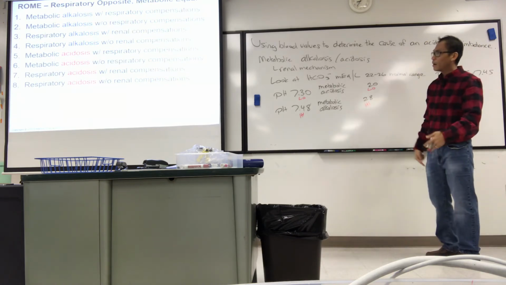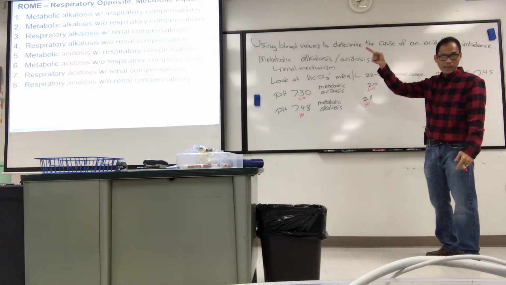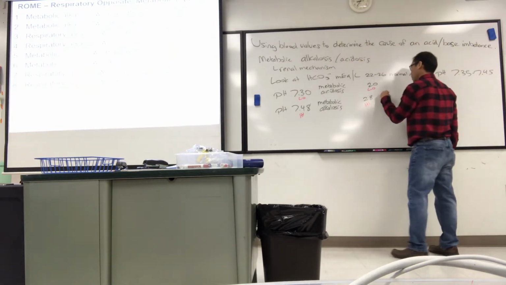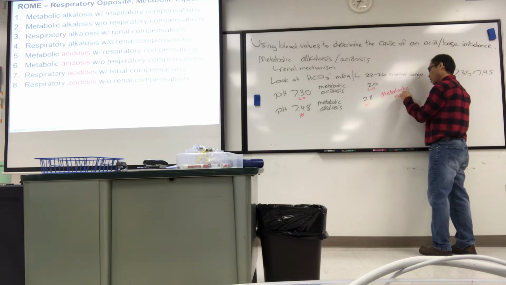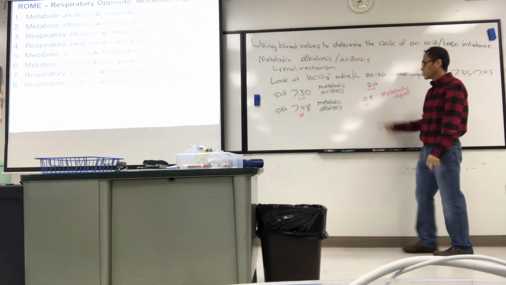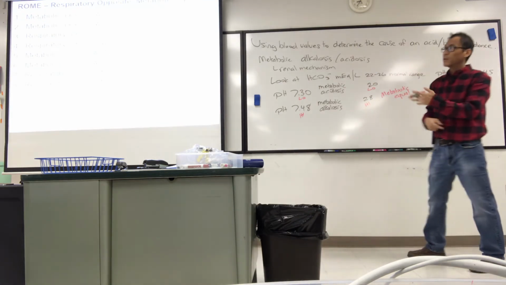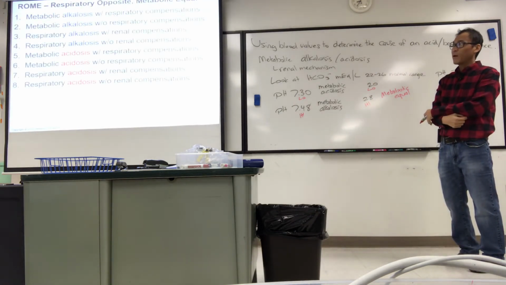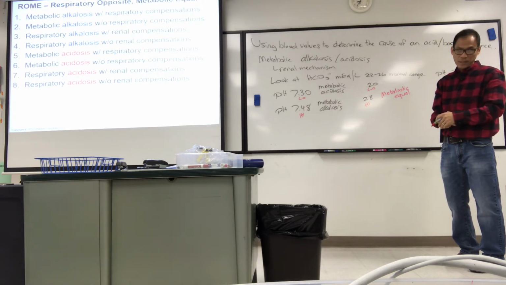So they call that the metabolic equal. That's kind of what I titled this slide, right? Because low equals low, high equals high, right? So ROME is the respiratory opposite, metabolic equal, just to help you muddle your way through this as you're learning it.